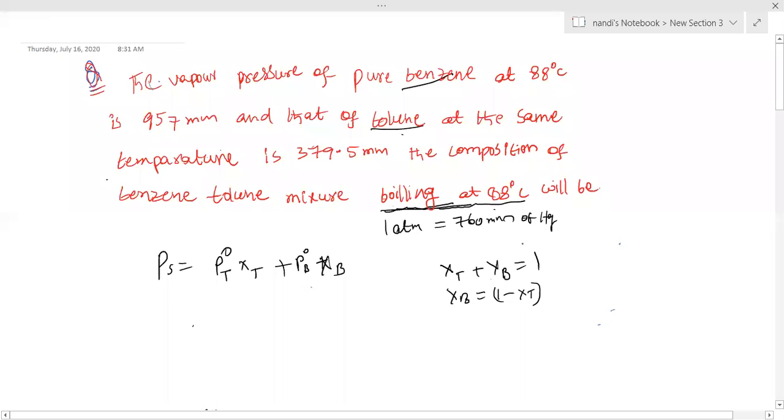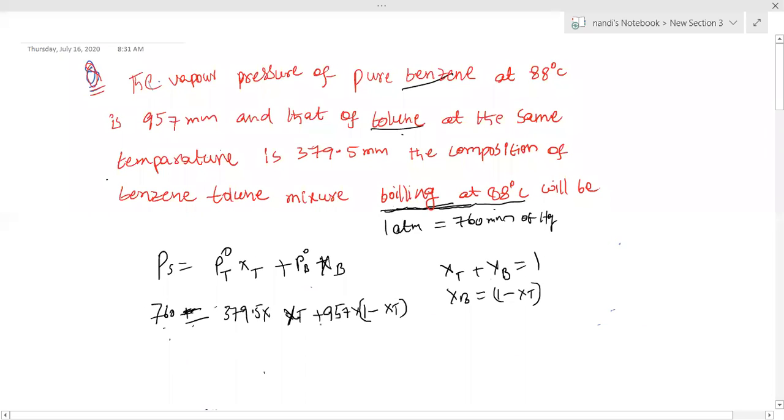Understood? Now substitute here and you will get the answer. The solution is 760 equals P naught toluene, 379.5, into X toluene, plus P naught B, 957, into 1 minus X toluene.